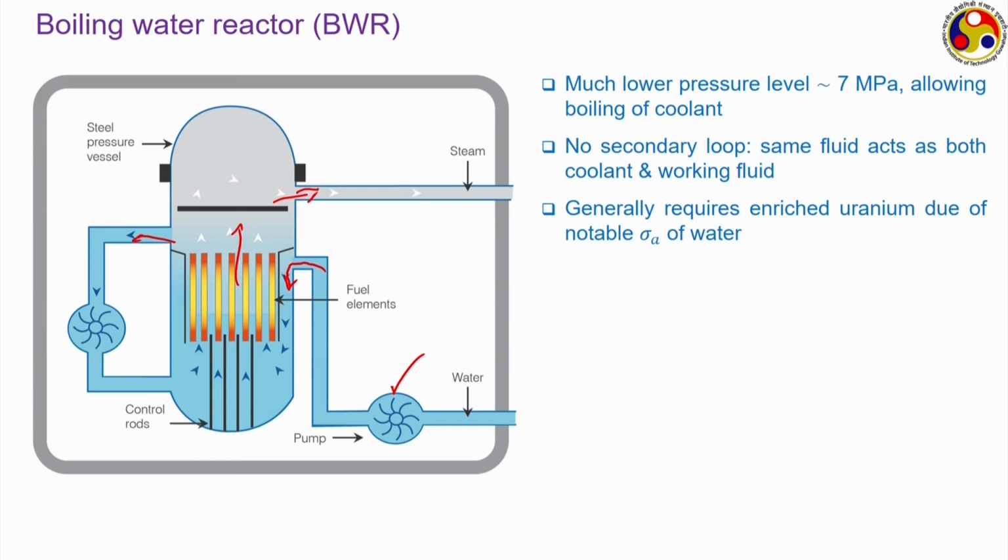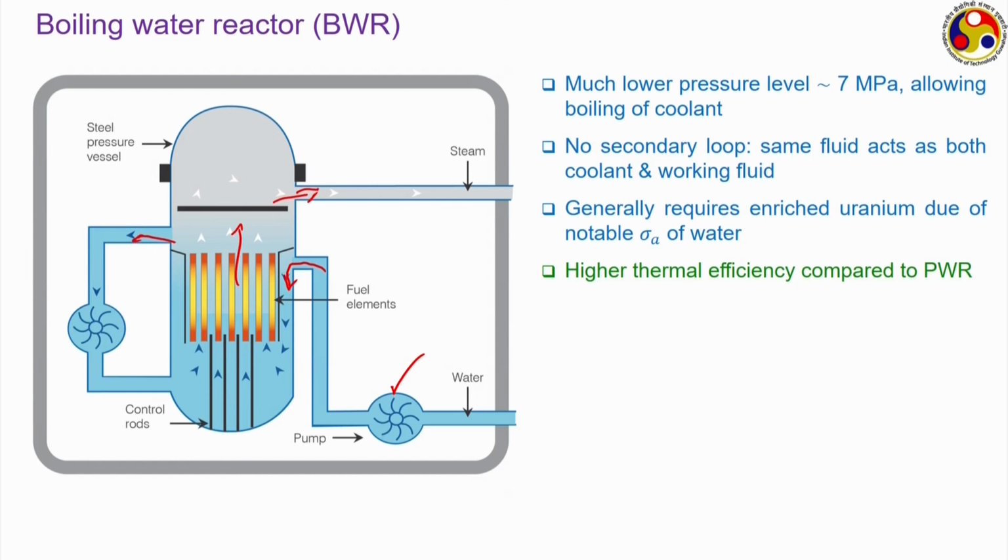This boiling water reactor generally uses enriched uranium because of two reasons. Firstly, water has a little bit of absorption cross section, which may be small compared to several other isotopes, but still if we use natural uranium, then we shall find it very difficult to reach criticality.